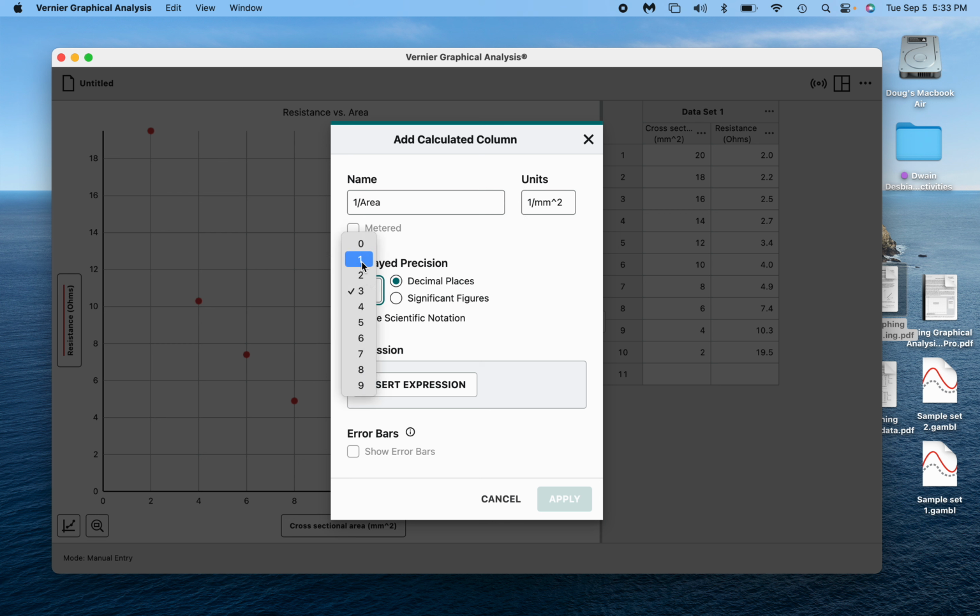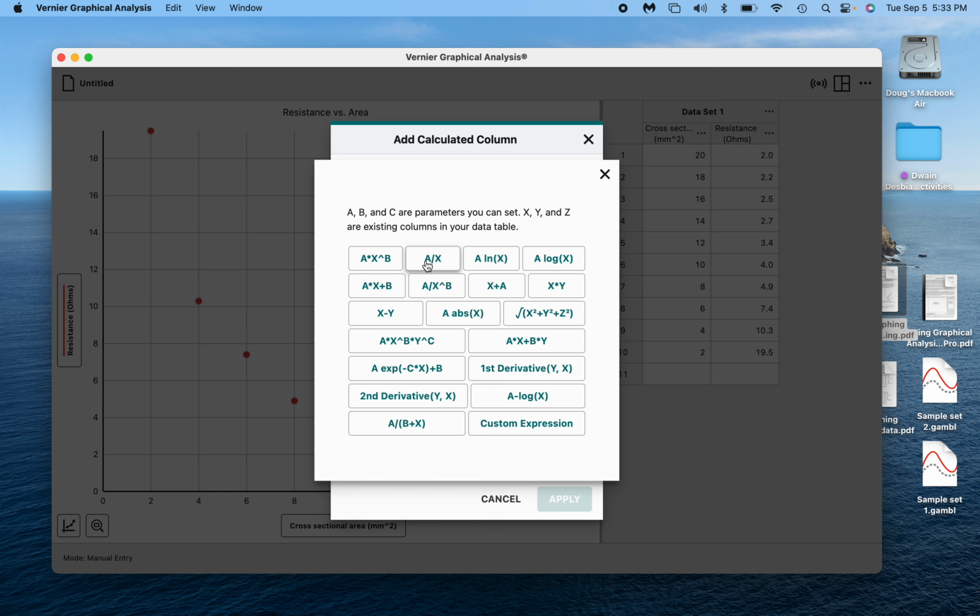I'm going to go to 1 decimal place again, and I need to insert an expression. So the question is, what do I insert? Well, it should be something over something else. That's an inverse relationship. This something over something that you can take to an exponent could be for an inverse square relationship.